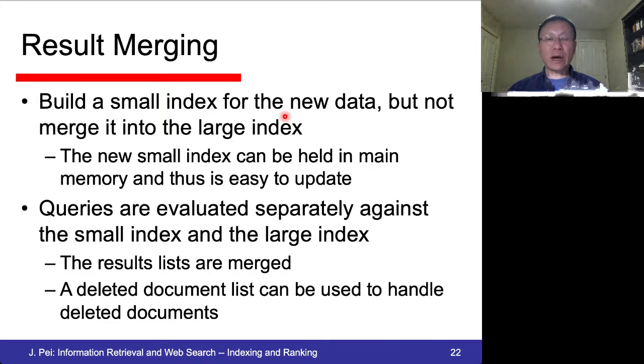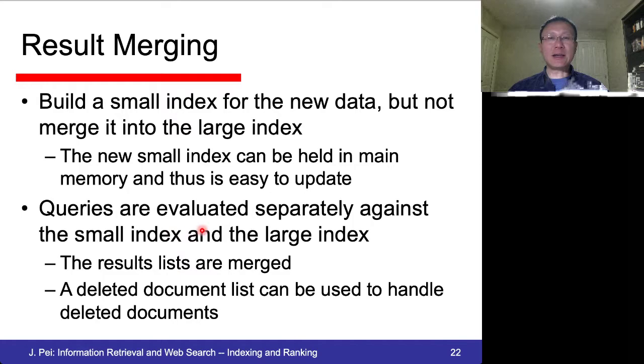And then when you evaluate a query, you evaluate the query separately on both the original large index and also on the small index. You merge the results instead of the indexes. Also, you can handle a deleted document by maintaining a deleted document list, so that from that list you retrieve that a specific document has been deleted, so that it should be removed from the result set.